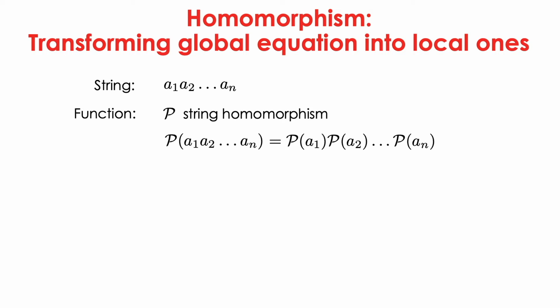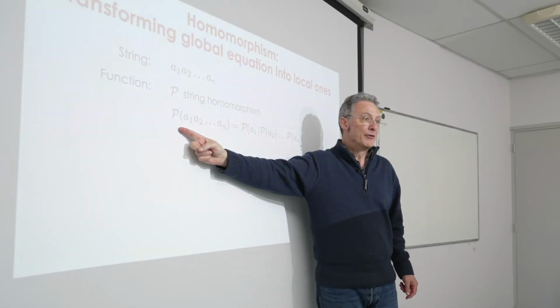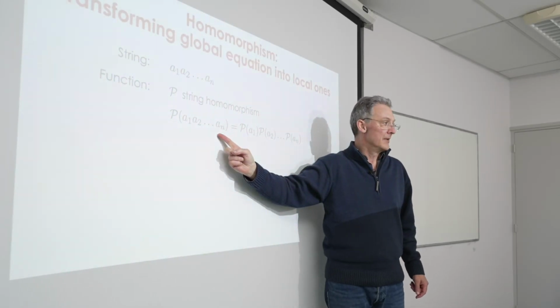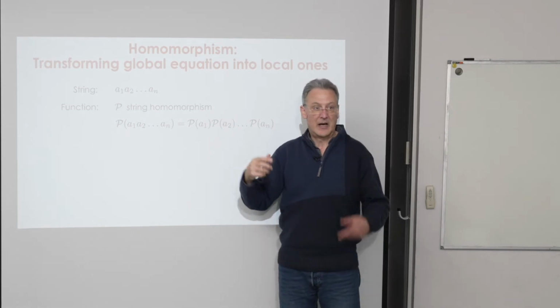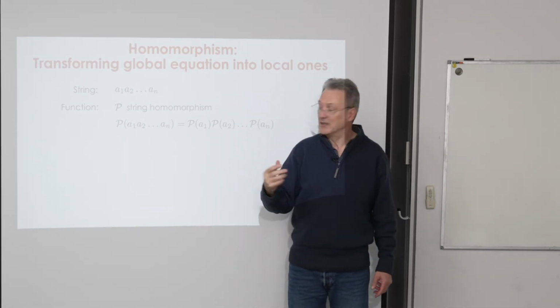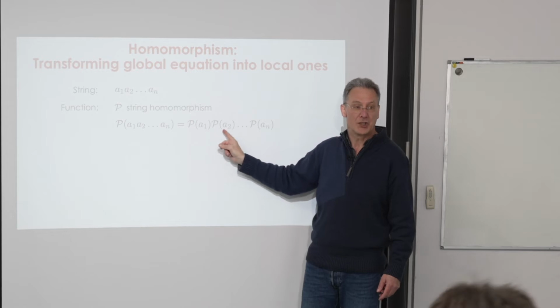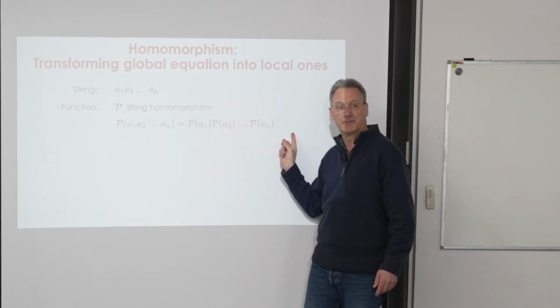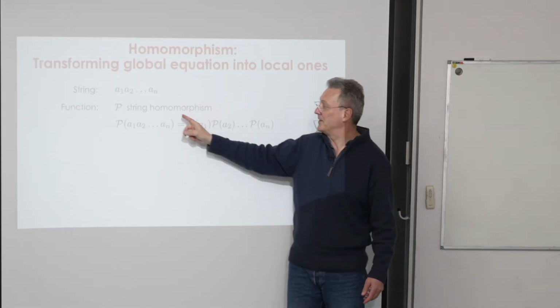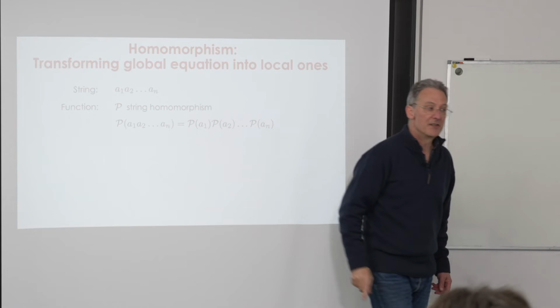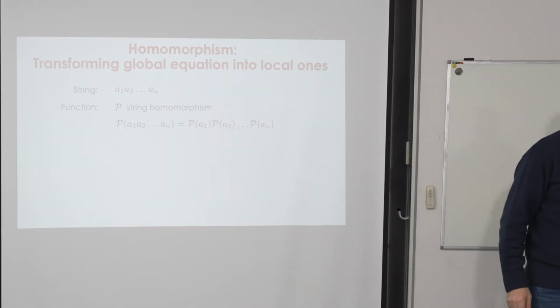And this is where it becomes a formalization, because if I apply this rule of evolution to my string, I define that this corresponds to applying my evolution to each of the components of my string. Okay? And this in mathematics is called a homomorphism.